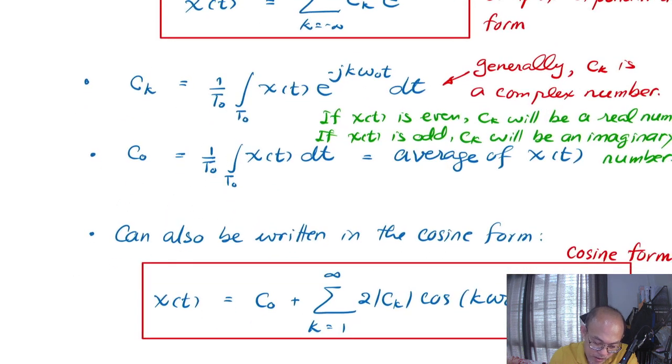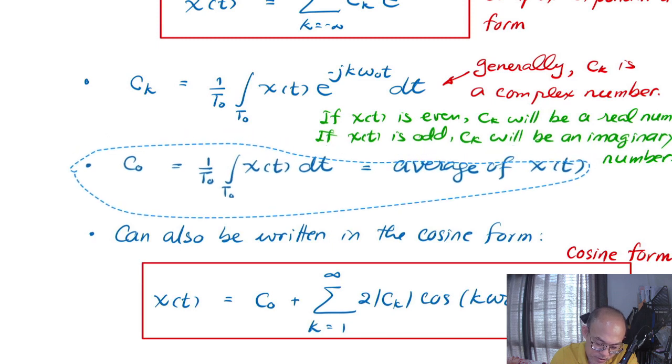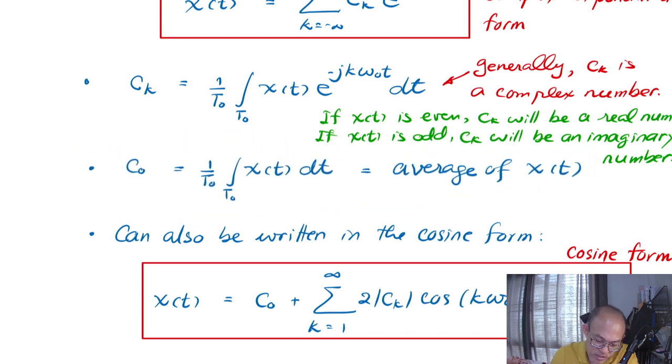So the integral is just integration of x over one period, and we know that this is just the average value of x. So c0 is just the average of x. Only c0 is the average of x, not the rest.